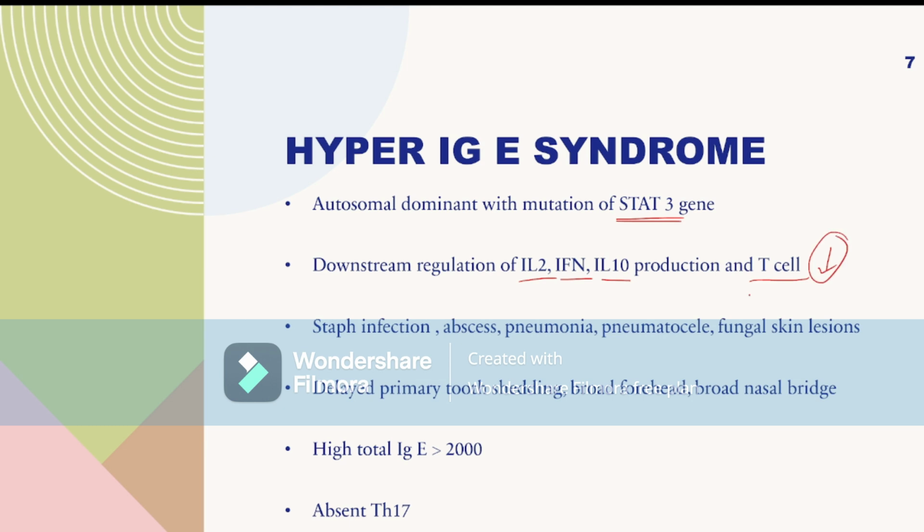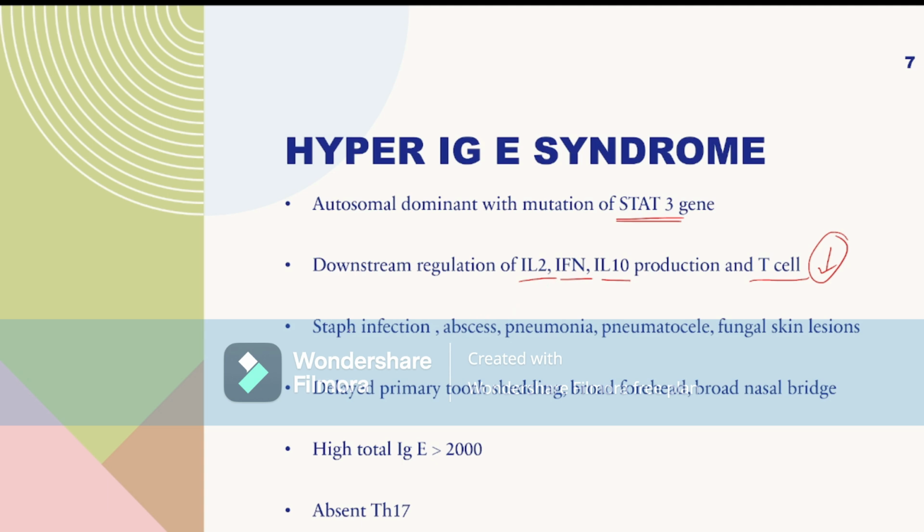So the T cell is not functioning properly and there is decreased production of interleukins, which decreases the cytotoxicity of the cells, and the virus and bacteria will not be killed by the body.